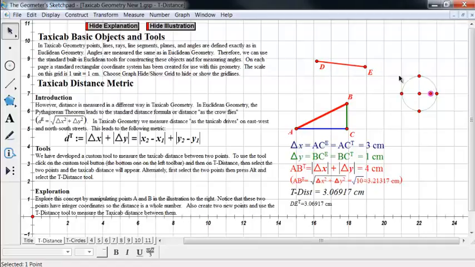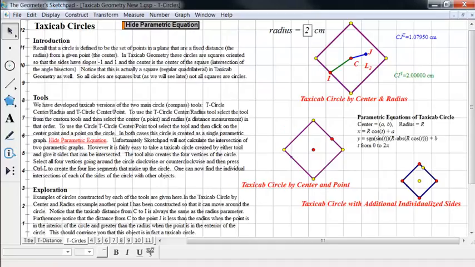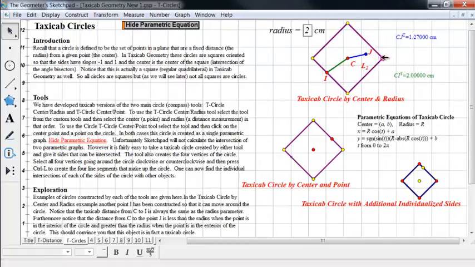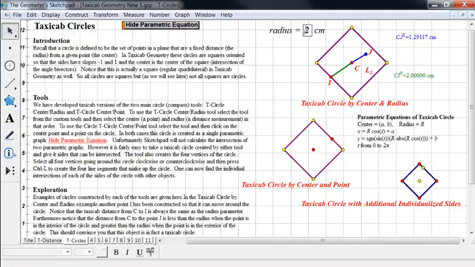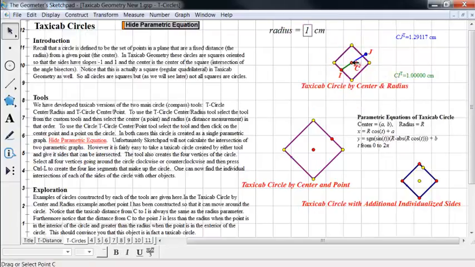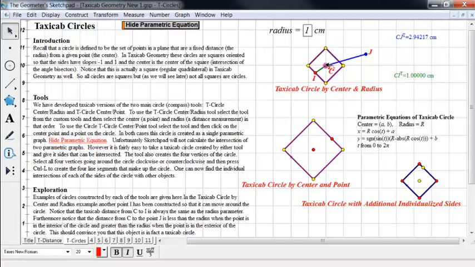Well, what kind of shape is this going to generate for us? I'll show you. It turns out to be a circle in Taxicab. Let's make it radius 1 here. Here's our circle right here. Again, I'll put it on the grid line.